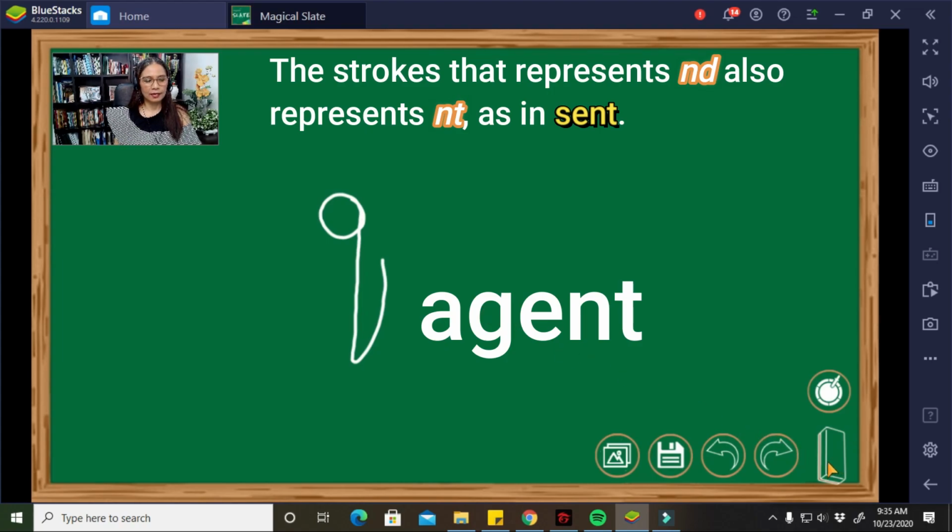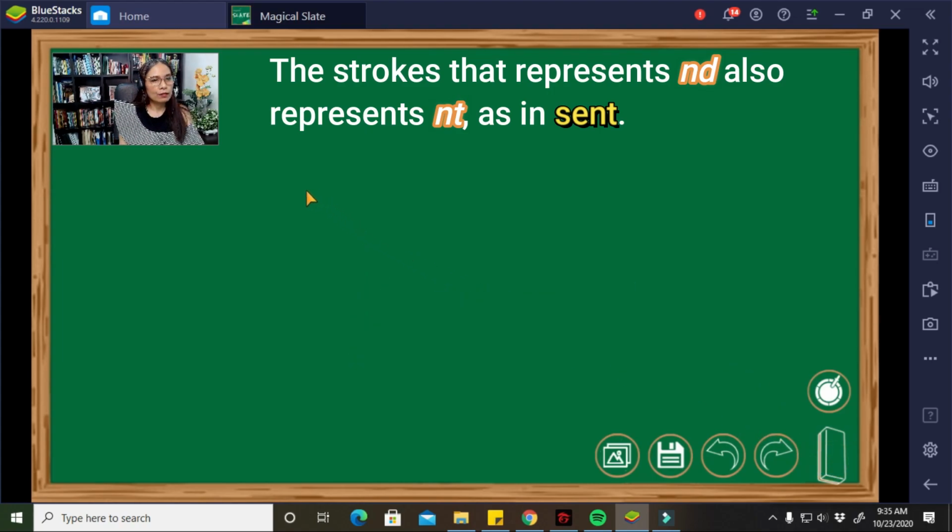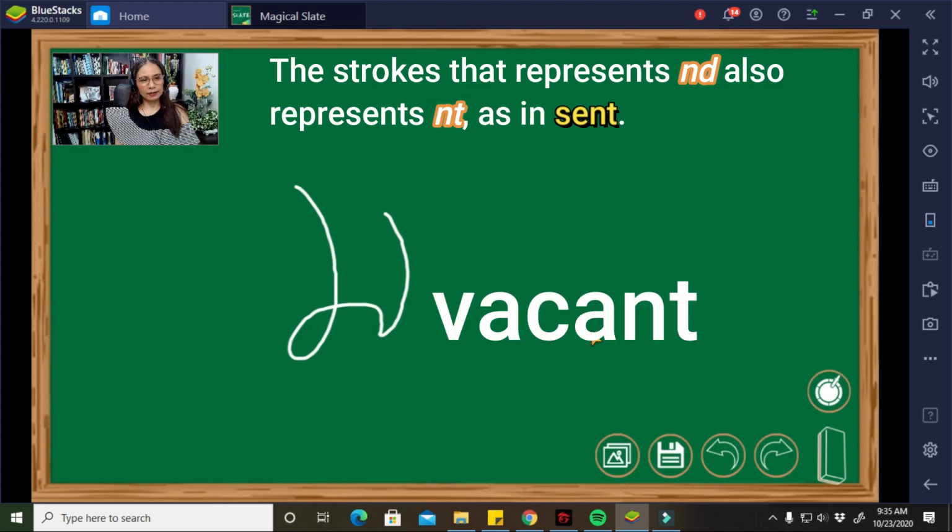Very good. Next, let's have this one. We have a downward curve occupying one whole of this space and a big circle. Then, alright, what symbol is that? And an upward blending symbol. And that is vacant.